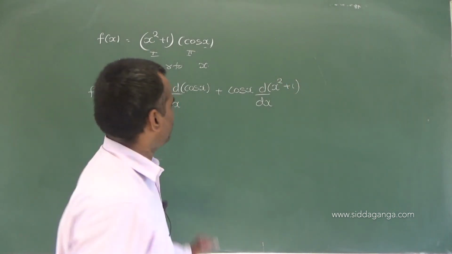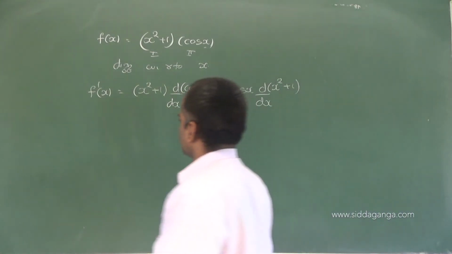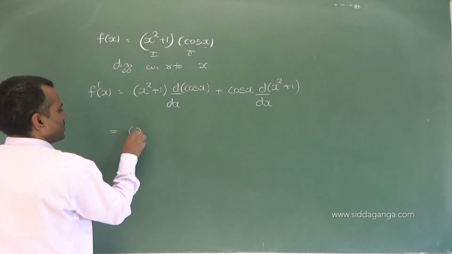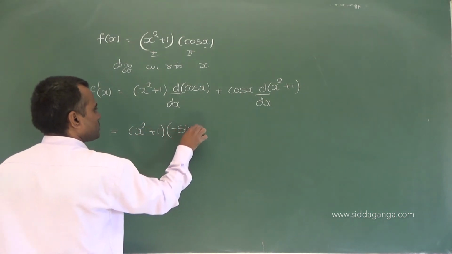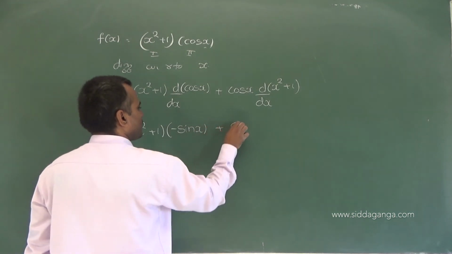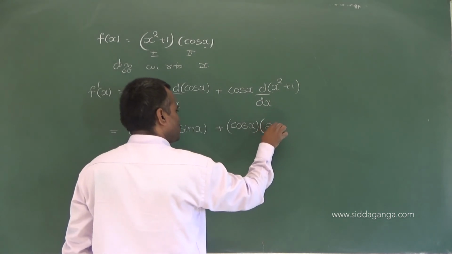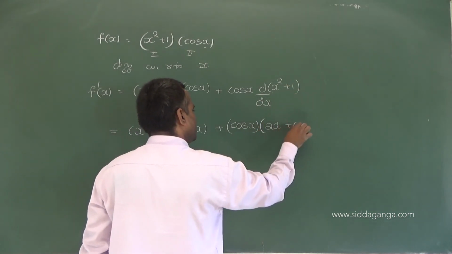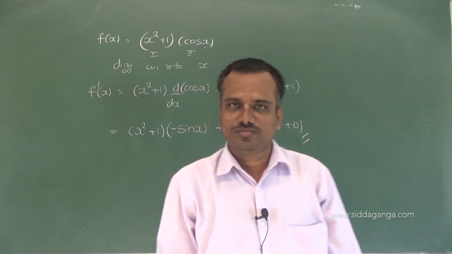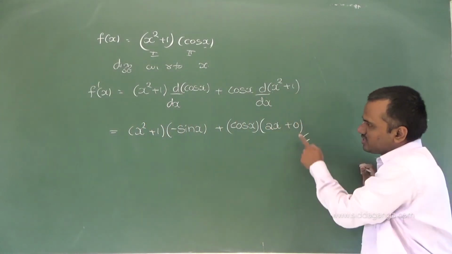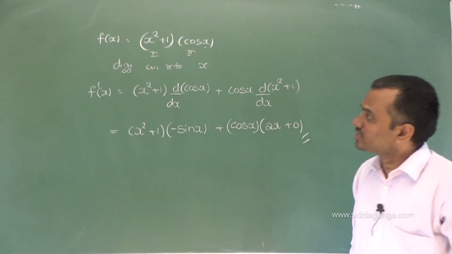First function into derivative of second function plus second function into derivative of first function. (x square plus 1), derivative of cos x is minus sin x, plus cos x into derivative of x square is 2x, derivative of 1 is 0, because derivative of a constant is 0. Observe this problem. Very simple problem. Next problem.